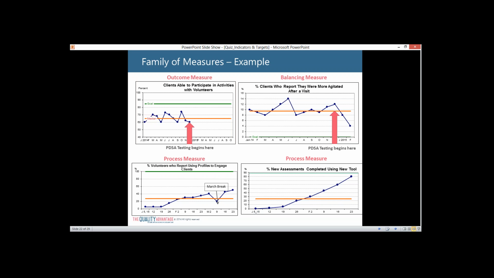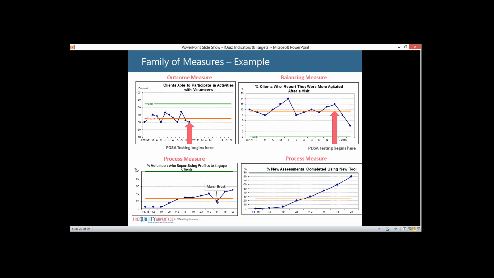So the top left is an outcome measure, and again I've moved back to one of the projects I talked about earlier where we have volunteers trying to engage in a meaningful way with clients who have dementia. And so the first one is an outcome measure of clients being able to participate in activities with volunteers. That was the team's outcome measure.